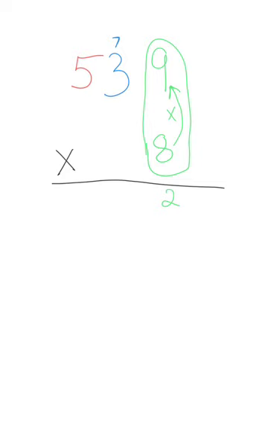The next step is to multiply the ones times the tens. I'm working from right to left, or the smallest place value to the largest place value. So I'm going to do 8 times 3, and I know that 8 times 3 is 24.